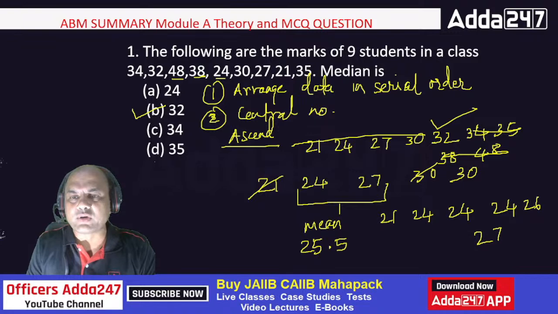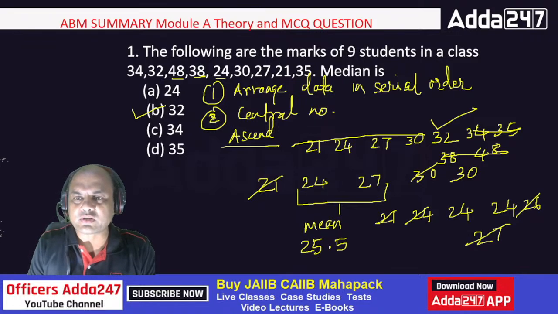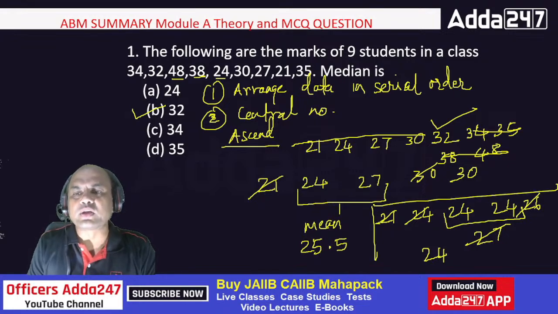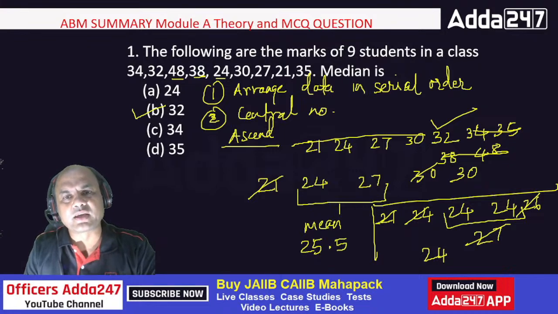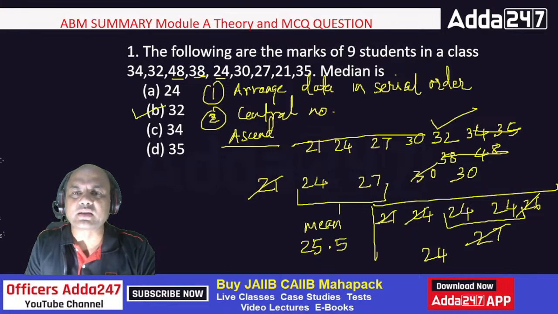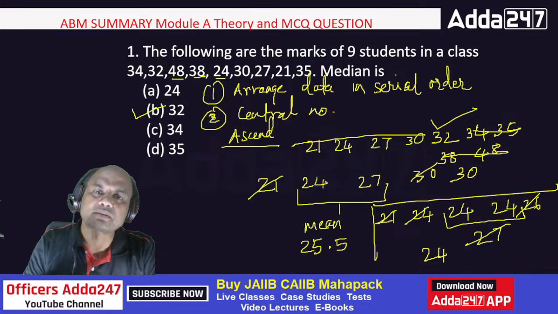So 21 gone, 27 gone, 24 gone, 26 gone. So 2 are remaining. So 24 plus 24 upon 2. So it is 24 again. 24 is the median over here. So even if you have the same numbers, nothing matters. Keep the logic the same. Arrange them in serial order. Find the central number. That's it.